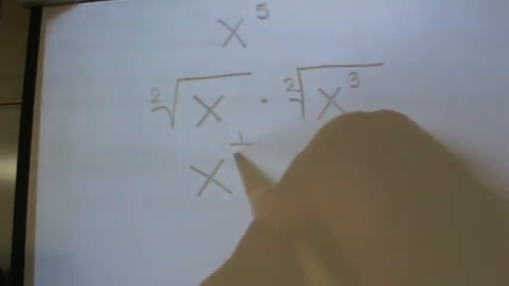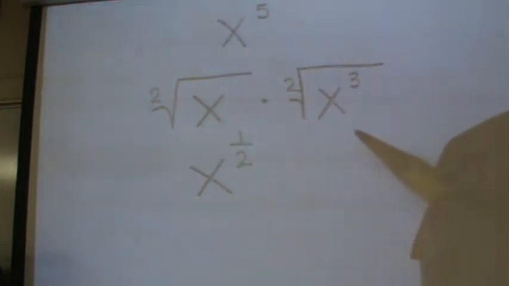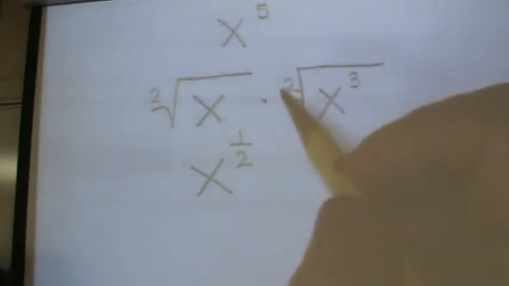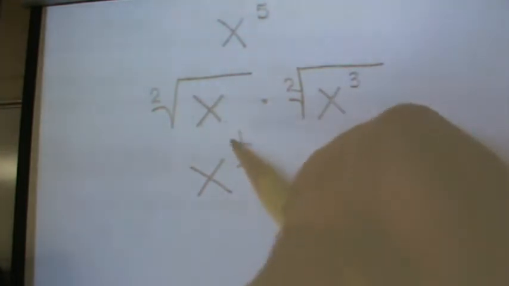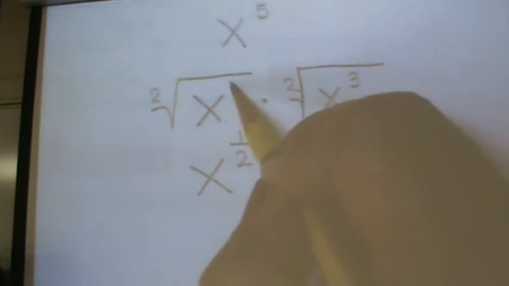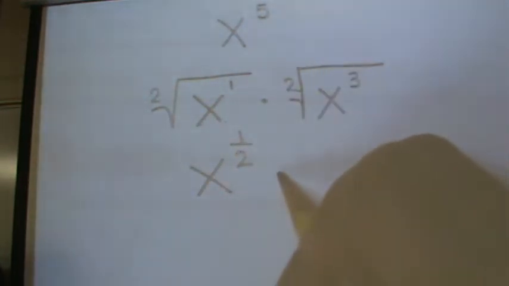It'd be x to the 1/2 power. Did you learn that? Yeah. Okay, good. You just need a refresher. Where does the 1 come from? Well, first of all, the base is x. This is your exponent, that's the numerator, and the 2 is your index.